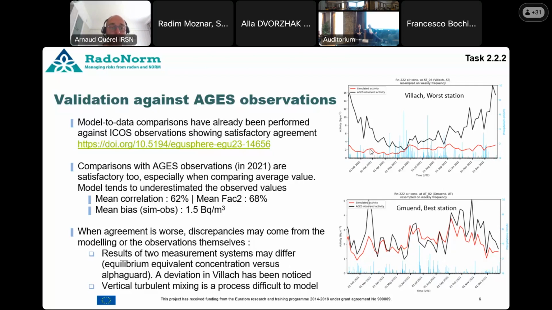It was confirmed here with the AGES observation network, with a mean correlation of 62% and a factor of 2 close to 70%.